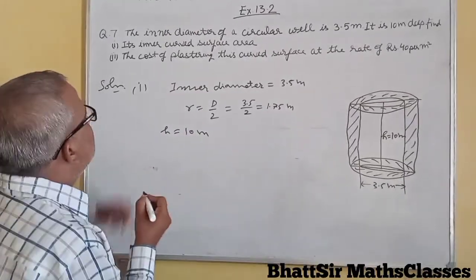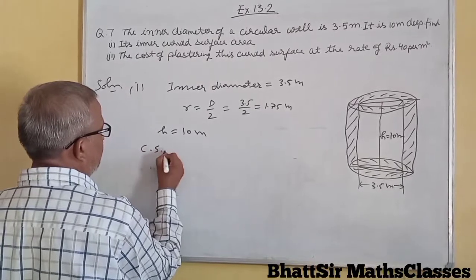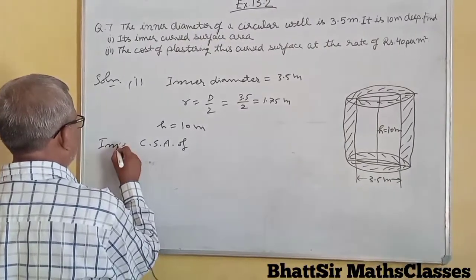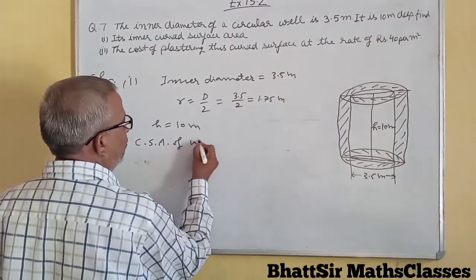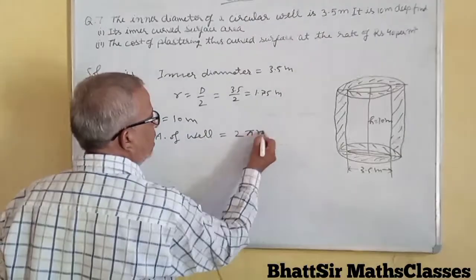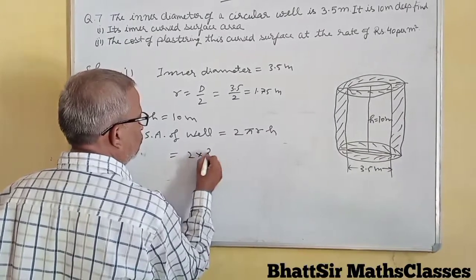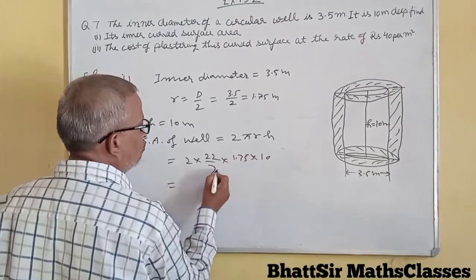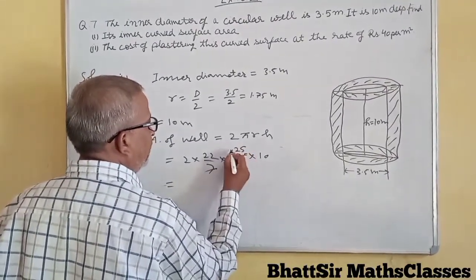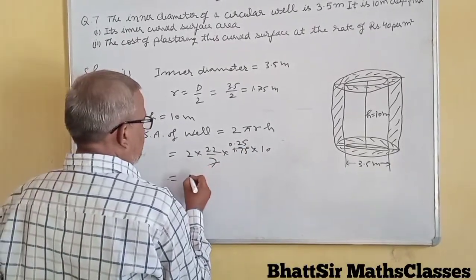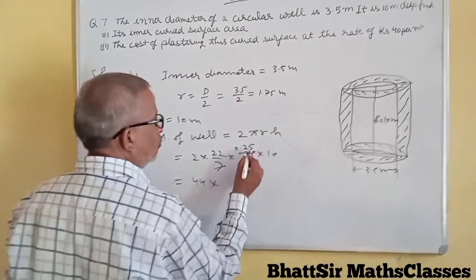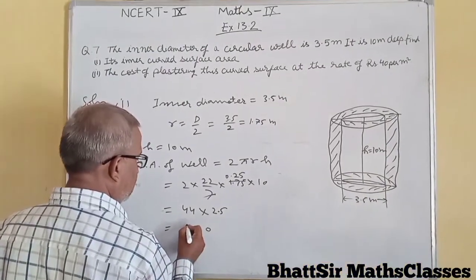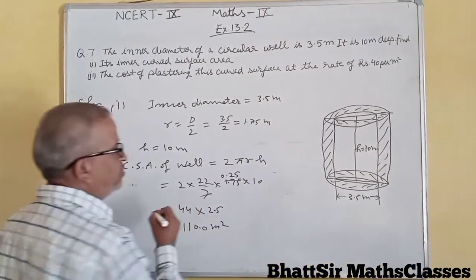But in this question we have to find out the inner curved surface area. So inner curved surface area of well equal to 2 pi r h. 2 into 22 upon 7 into r 1.75 into 10 equal to 7 2 ja 14, 7 5 ja 35, 44 into 2.5 equal to 110 meter square.